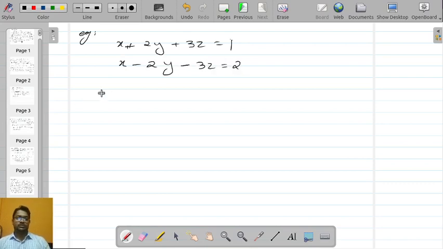Let us see this system of equations. What is the matrix A here? A is the coefficient matrix: 1 2 3 in the first row, 1 minus 2 minus 3 in the second.